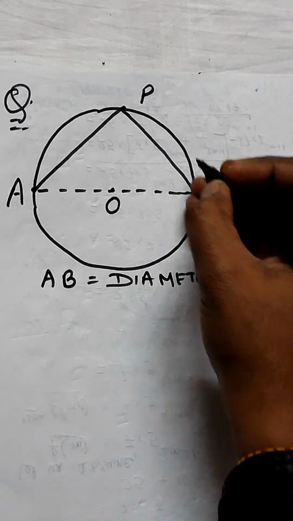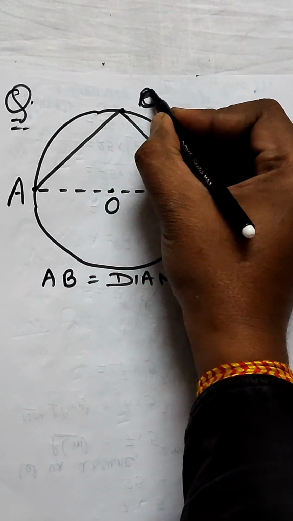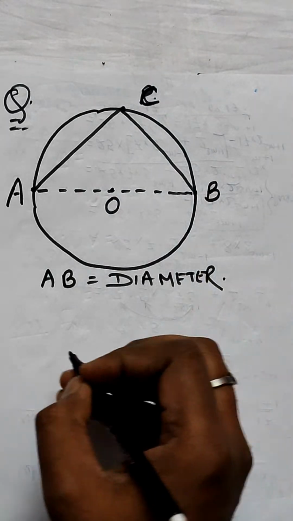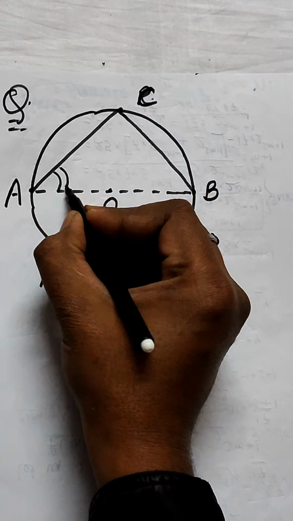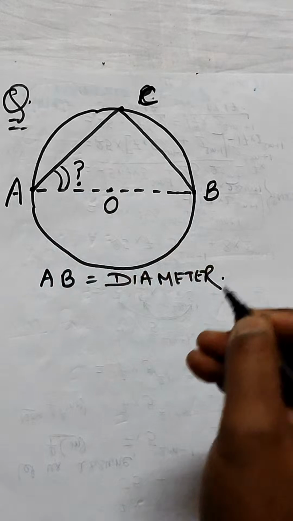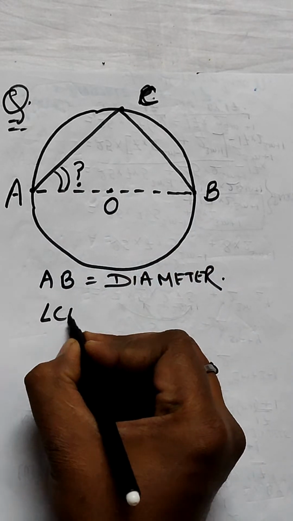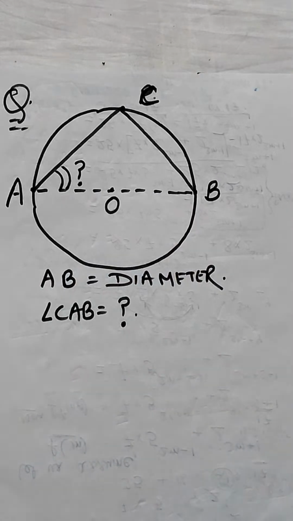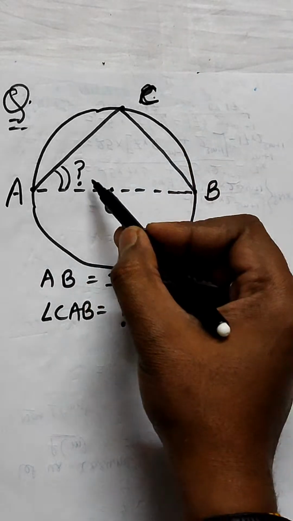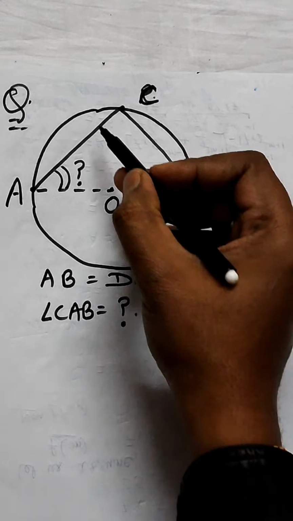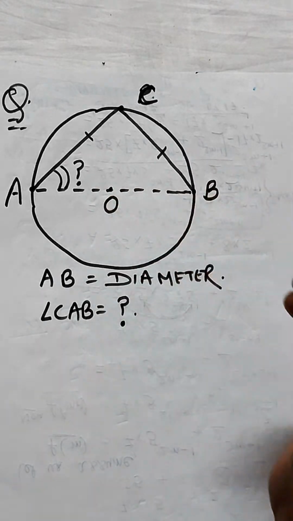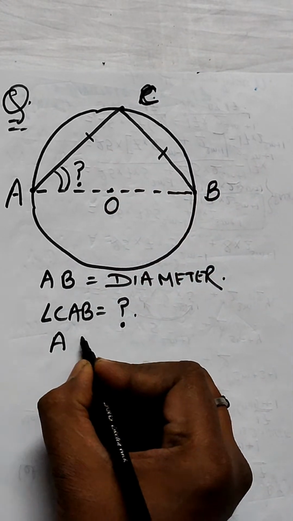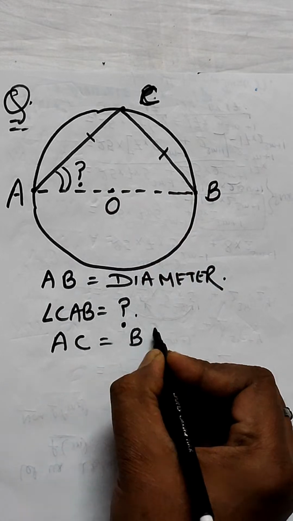In yesterday's short, actually this is marked as C. Let it be C. So we need to find this angle. Angle CAB equals what? If AC is equal to BC.